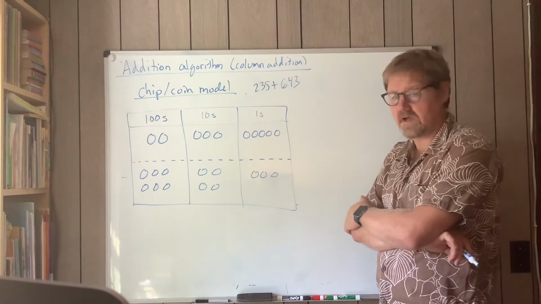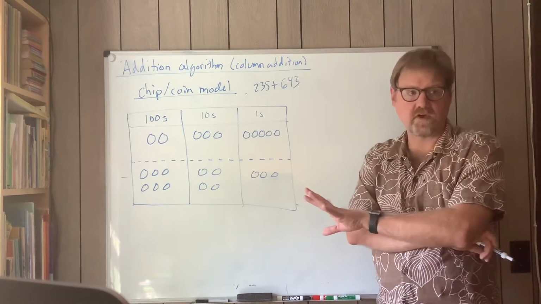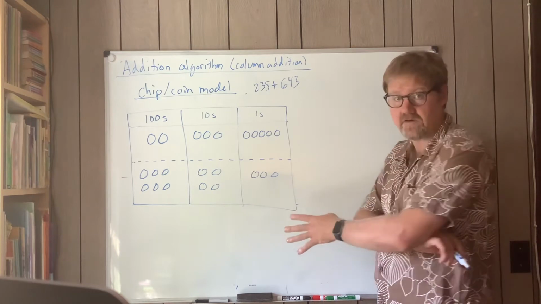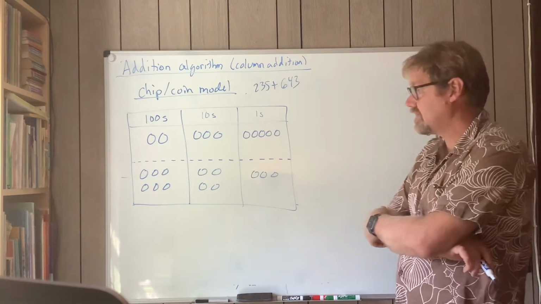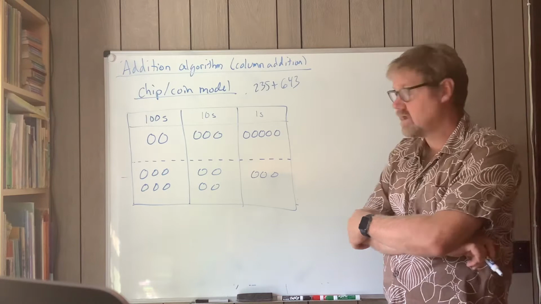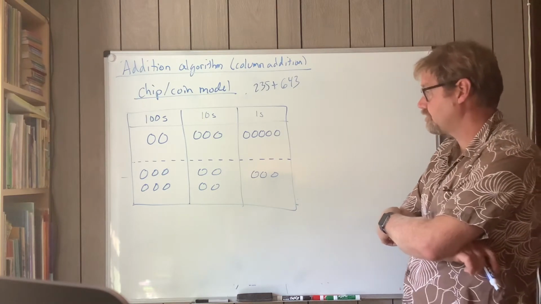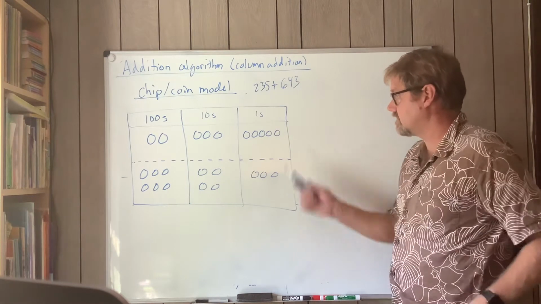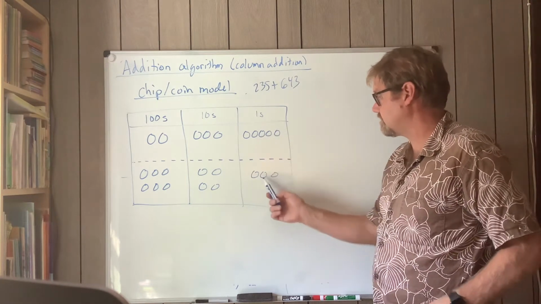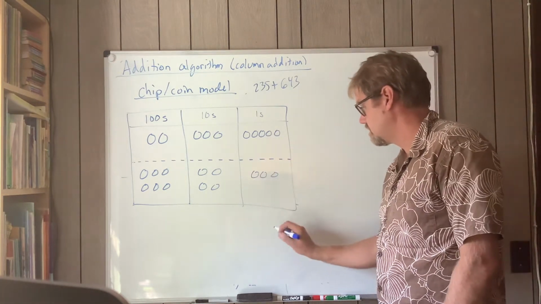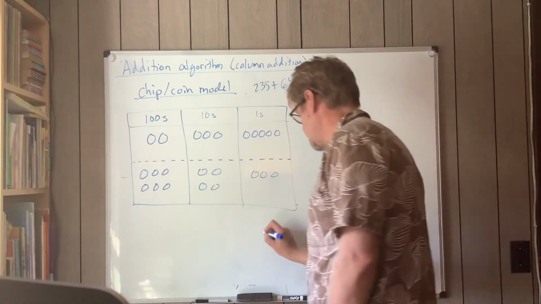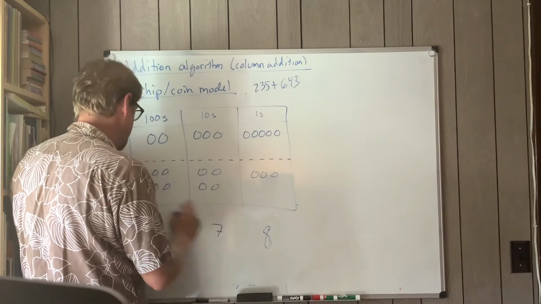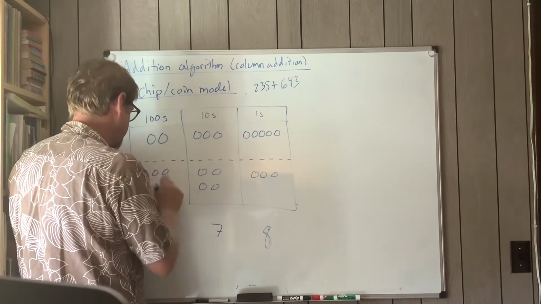Now, there's a number of ways of doing it, but I'm not a huge fan of writing the solution down. You can, but I don't think you need to, because the answer is sitting right here: 1, 2, 3, 4, 5, 6, 7, 8; 1, 2, 3, 4, 5, 6, 7; 1, 2, 3, 4, 5, 6, 7, 8.